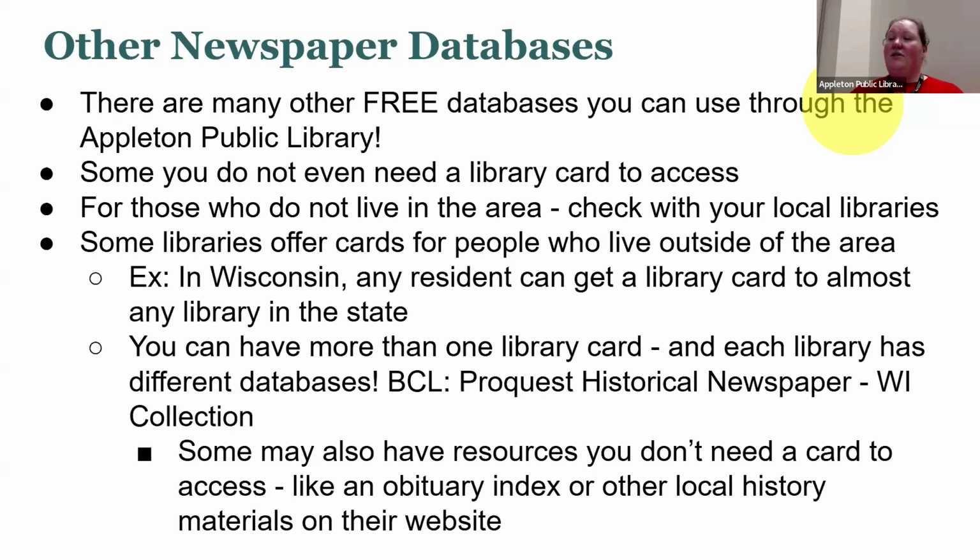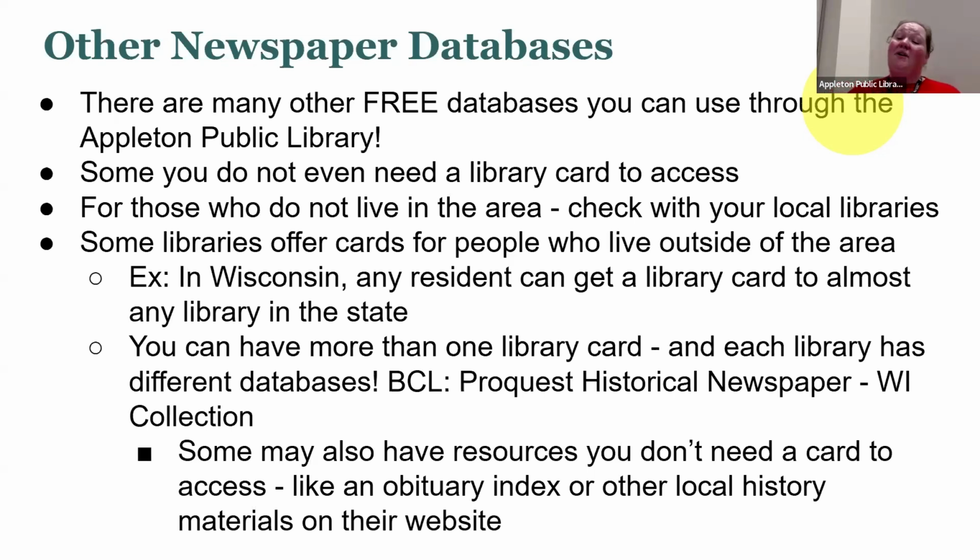So again, use your library resources. You can try to get a card for more than one library. For those outside of state, you have to check your state rules and all that. But in Wisconsin, we're fortunate that we can have more than one library card to the different libraries. Of course, other libraries have resources that you don't need a card for.